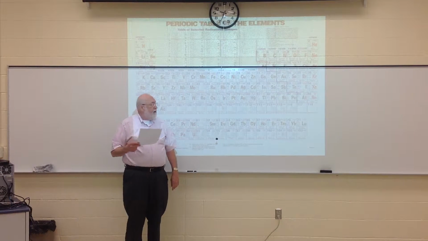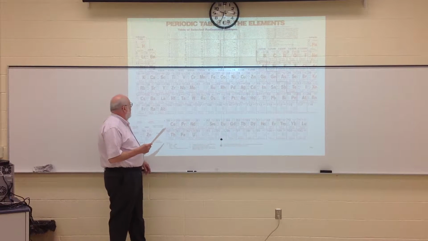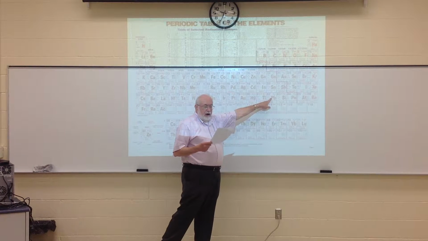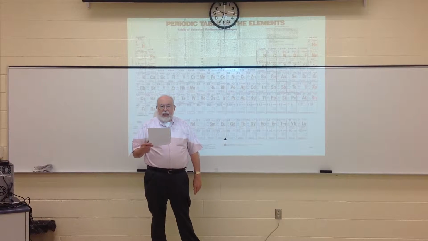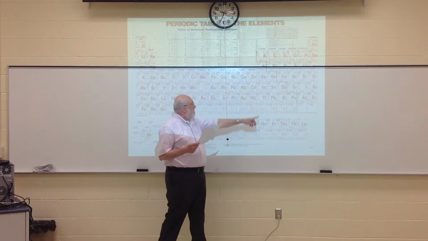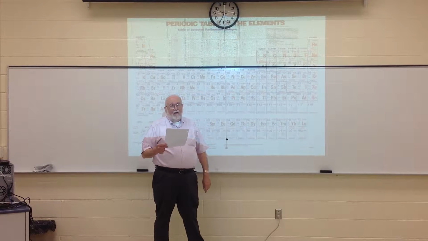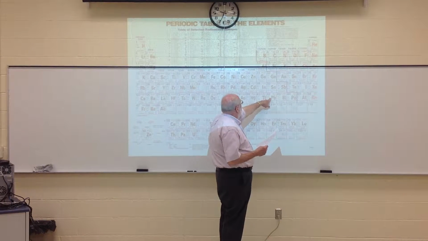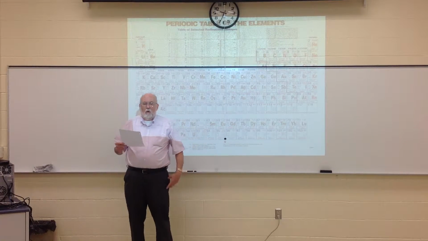All right, so if we go to lead, what is the symbol? Pb, and it's right over here. Element number 82, so how many protons does it have? 82. How many valence electrons does it have? No, valence electrons, what group is it in? It's in group 4, so how many valence electrons does it have? 4.